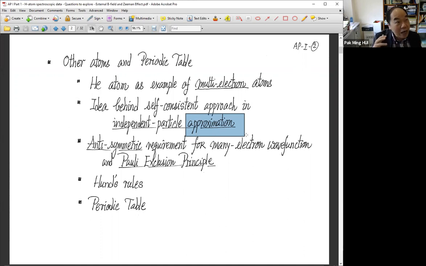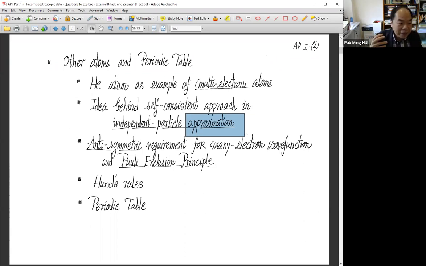We have to try to approximate many-electron problems by single-electron problems. So how to mimic the electron-electron interaction by thinking about one electron living in an environment where the second electron is acting on you. That is called mean field theory.